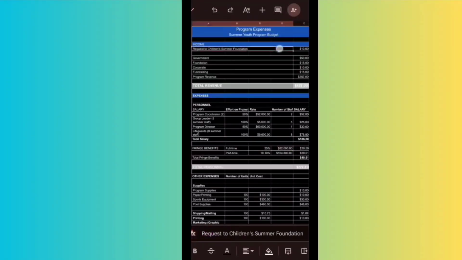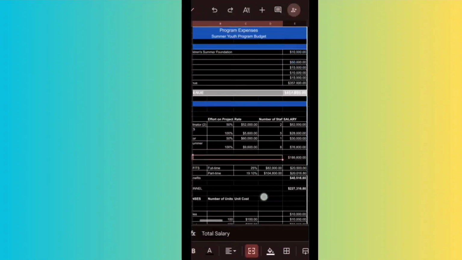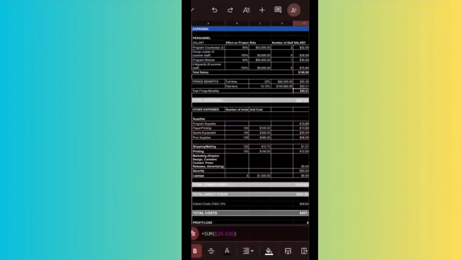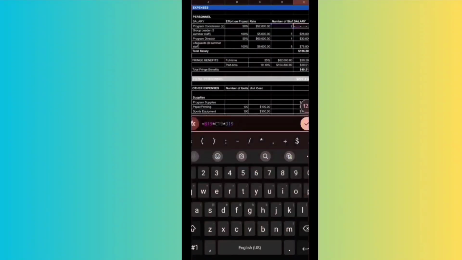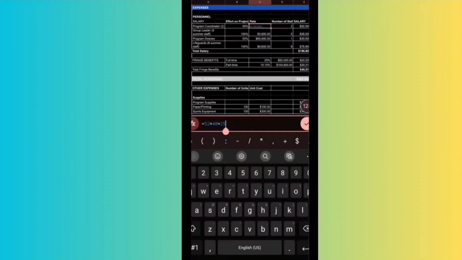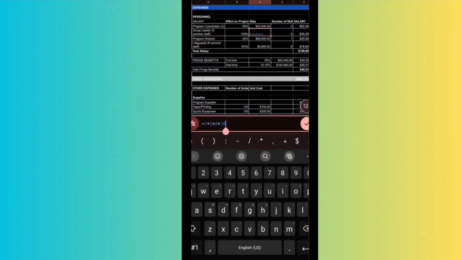I'm double checking all of my formulas to make sure it includes all the right cells and columns. These are the formulas for the staff's salary rates. Sorry that it's a little hard to see, but this way you get to see the whole screen and the whole budget at the same time. We're just going into each cell and verifying the formula.